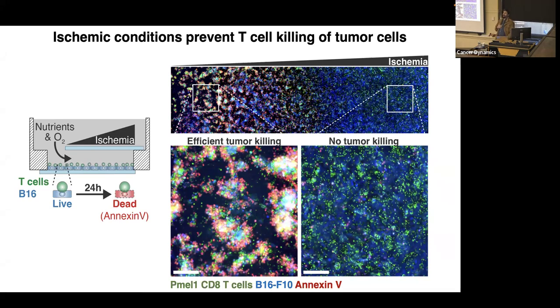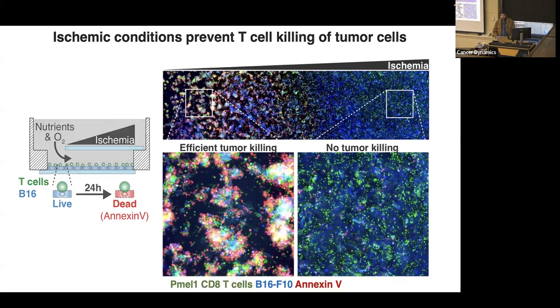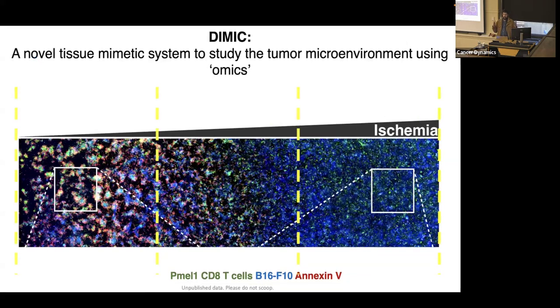Now, I love microscopy. I hope you do too. But in a way, it's limiting, right? You can look for very specific markers, and I guess with some of the techniques many of you are using now, you can start doing more unbiased microscopy. But what we wanted to do is adapt this system to make it more compatible with any kind of omics.